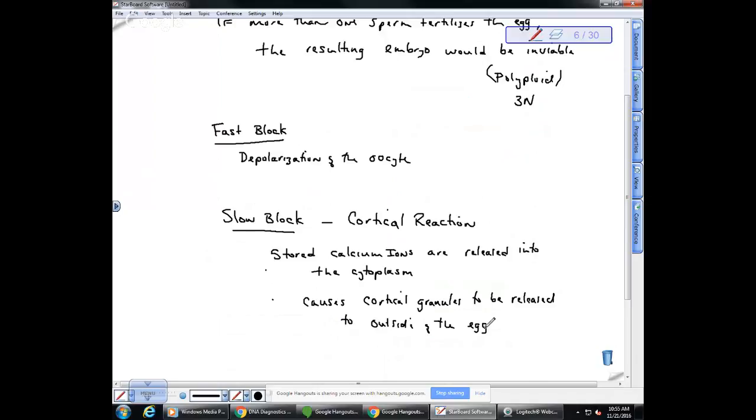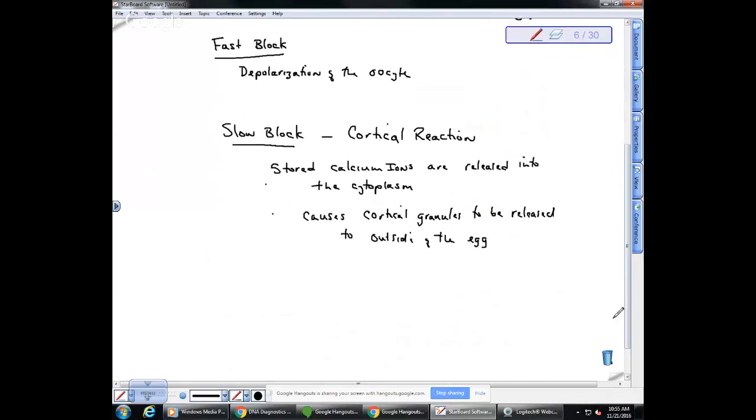And this strengthens the zona pellucida. So it makes the zona pellucida stronger, and this forms what is called the fertilization membrane.